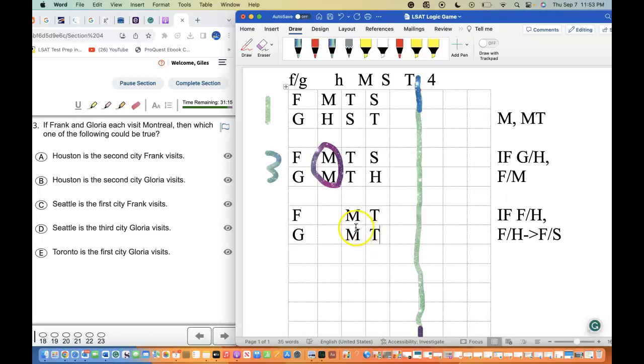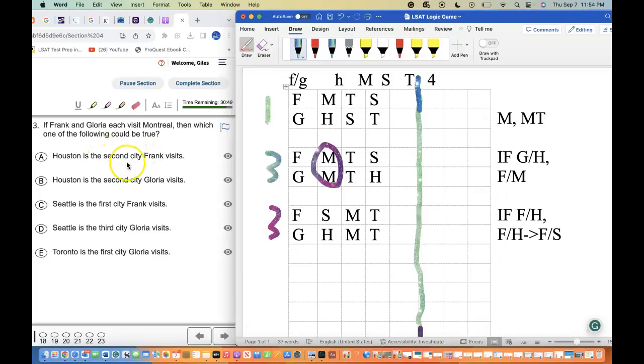And with that done, I can put Gloria visiting Houston and Frank visiting Montrose, and also put the Seattle in here. Now these two game pieces are going to be for question 3.